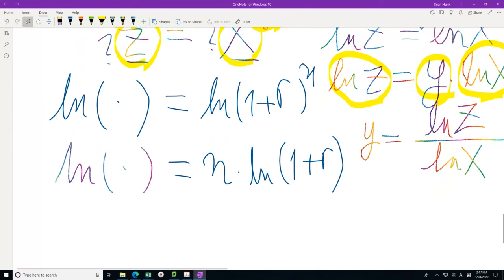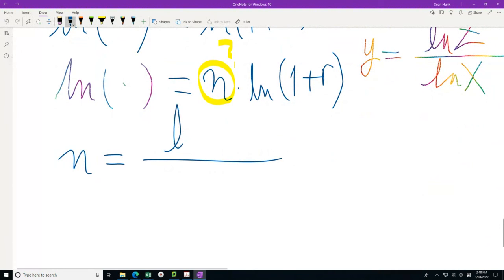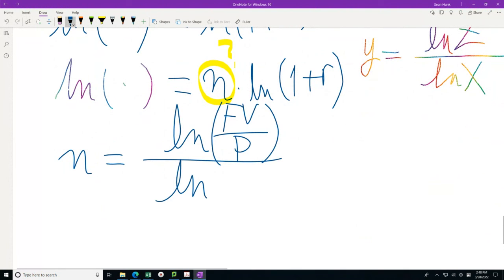And then n is our unknown, so we'll solve for n. Solving for n, we will have natural log of Fv over P, over natural log of 1 plus r.